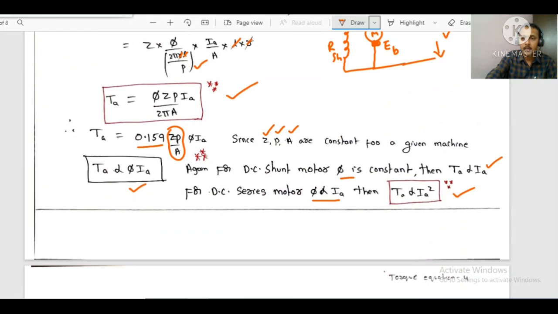Very simple. The key points are, in a shunt motor, flux is constant, so armature torque is directly proportional to Ia, and in a series motor, torque is directly proportional to the square of the armature current.